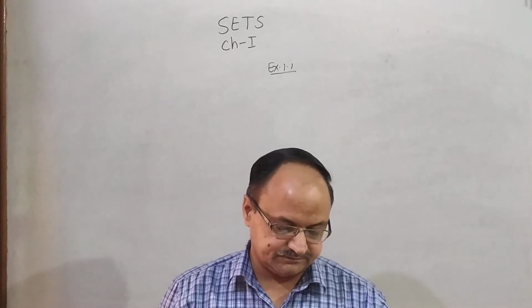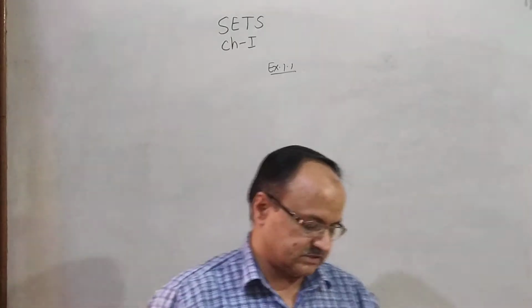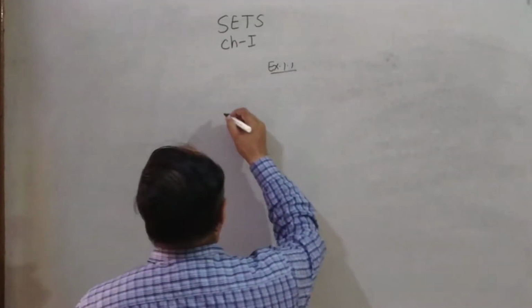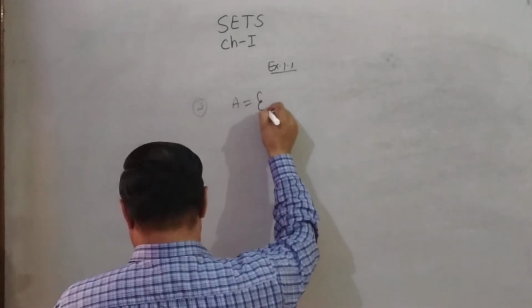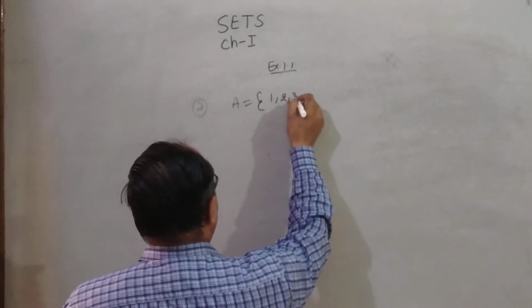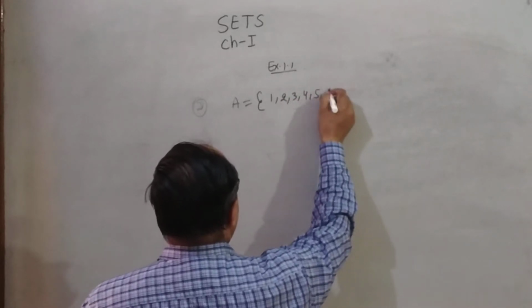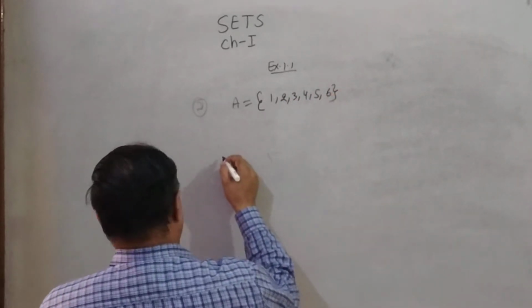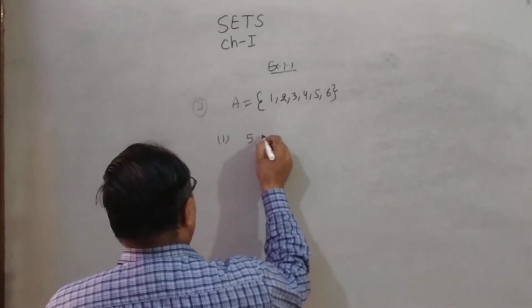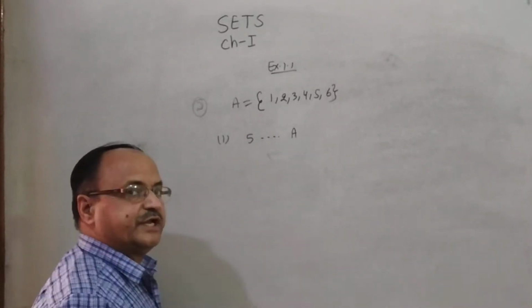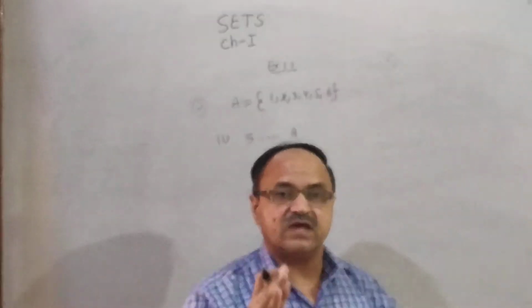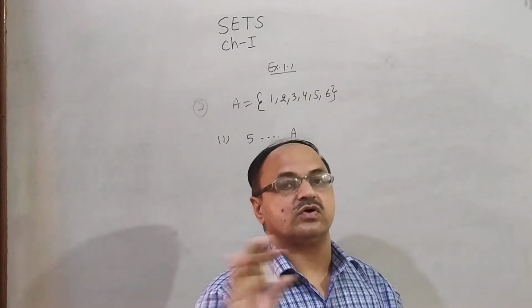Question number second. In question number second, set A is given: 1, 2, 3, 4, 5, 6. First part, 5. Does 5 belong to set A or not?